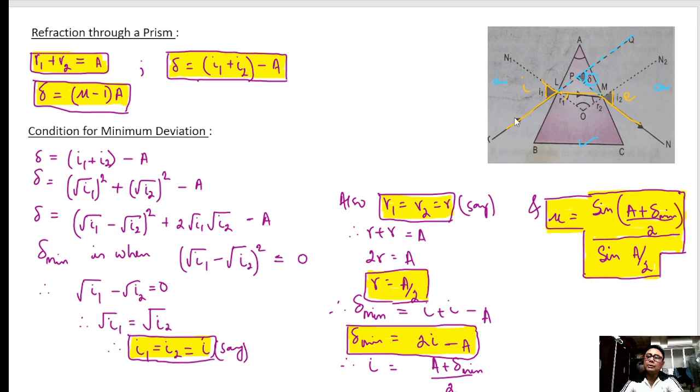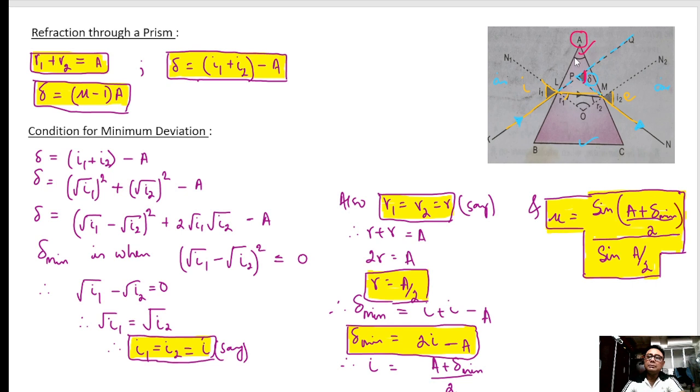This was the actual direction of the ray, and the ray has come out like this. So this is the angle through which the ray has been deviated. That is called angle of deviation. Clear? And this is the angle of the prism. So angle A is the angle of the prism.